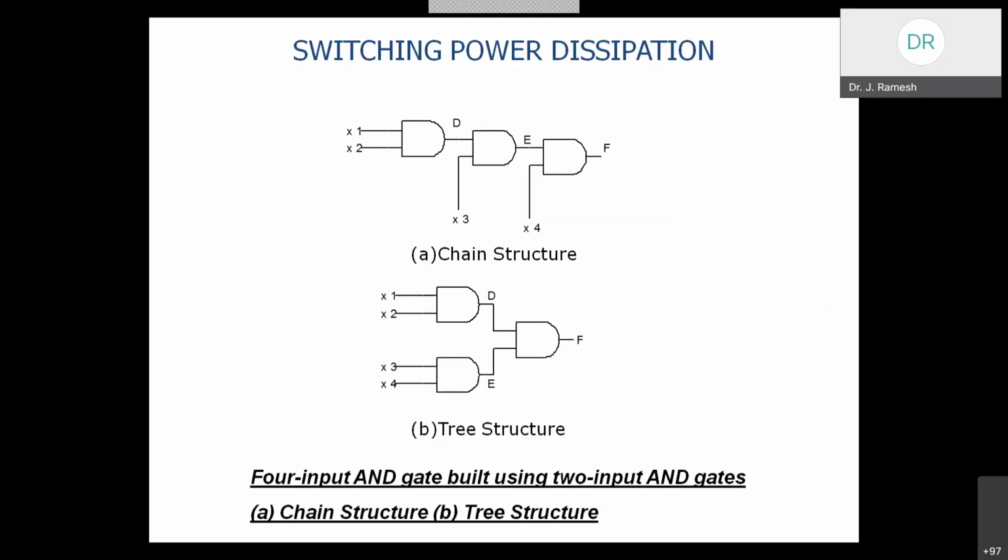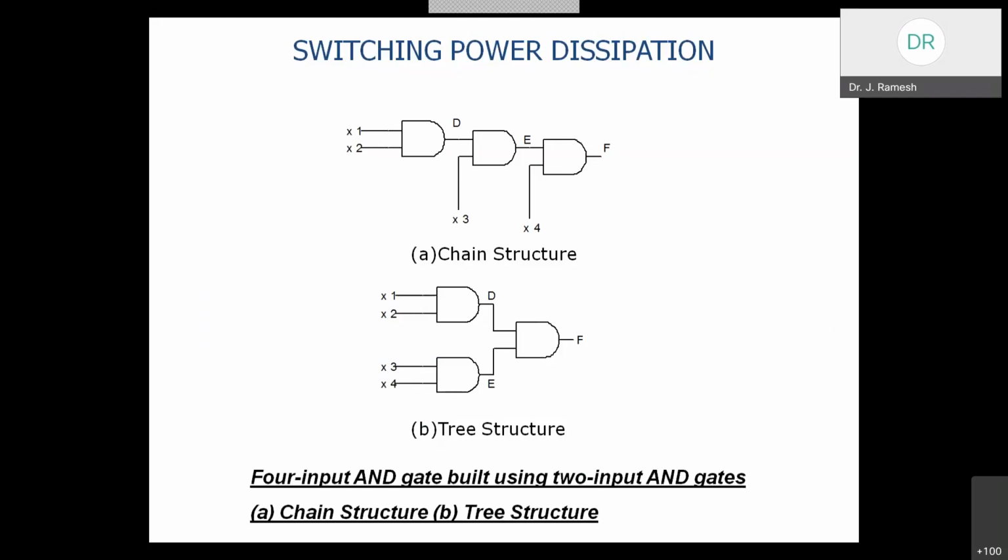Using the switching activity calculation we have already done, consider the first AND gate of the chain structure, at the point D. What will be the switching activity? We know that for an AND gate, the output is logic 1 for one case and 0 for the remaining 3 cases.